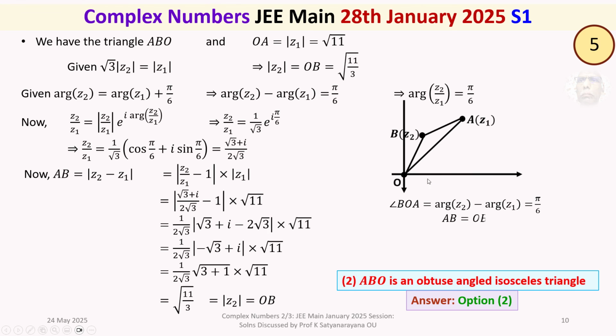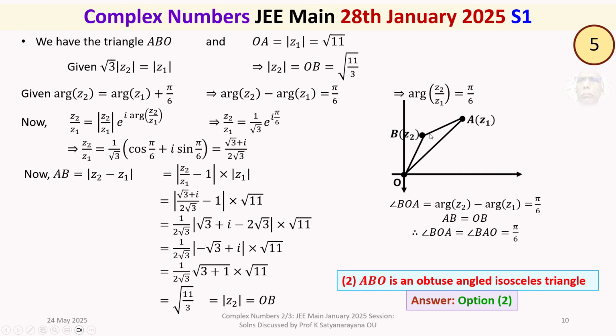But now we have seen AB is equal to OB. Therefore, the opposite angles are equal. Angle BOA is equal to angle BAO, each is pi by 6. It's an isosceles triangle. Right. So this is pi by 6, this is pi by 6.